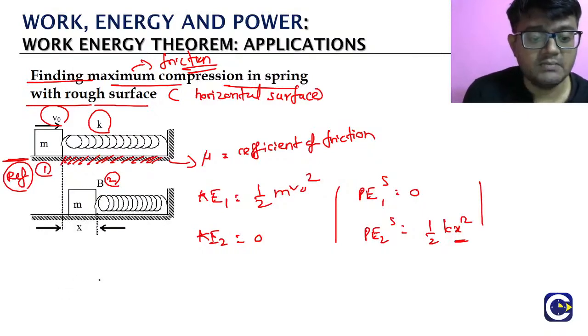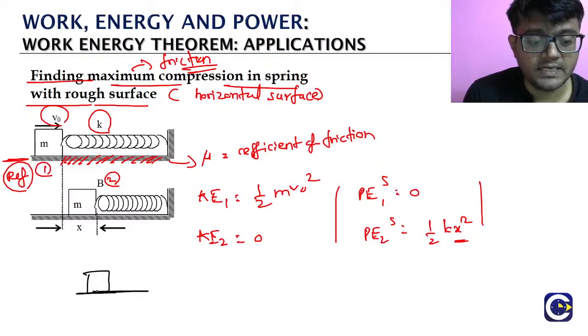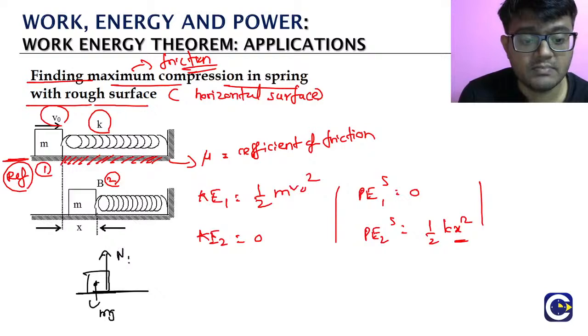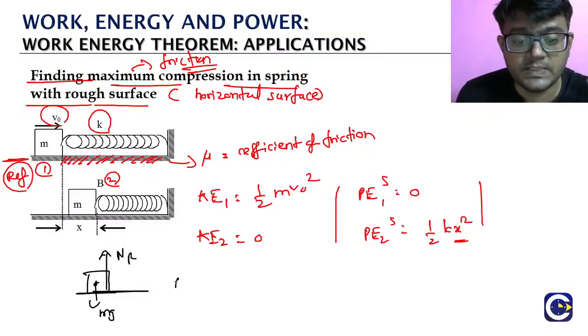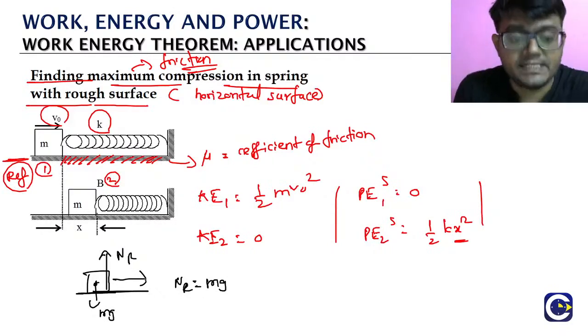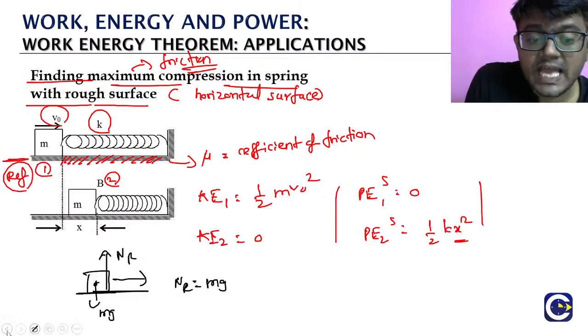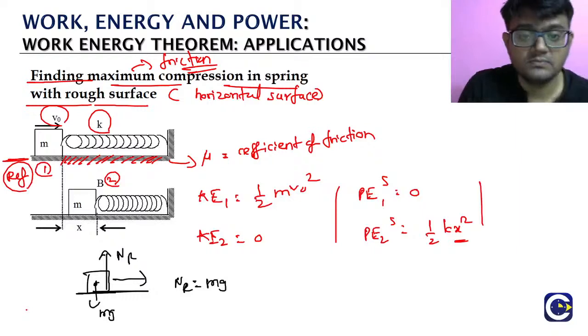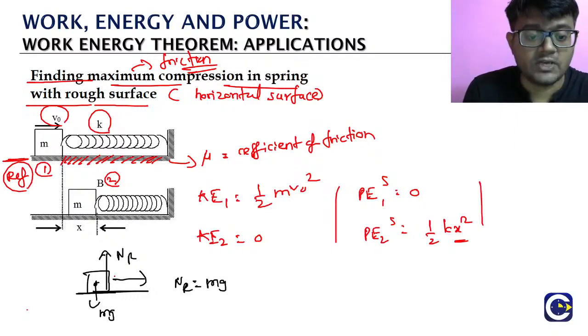For that, let us take the mass. Vertically its weight acts. Similarly the normal reaction acts, and since there is no vertical motion, the value of the normal reaction is mg. The block is moving to the right side, so the friction acting on the block acts in the opposite direction, which means the left side.